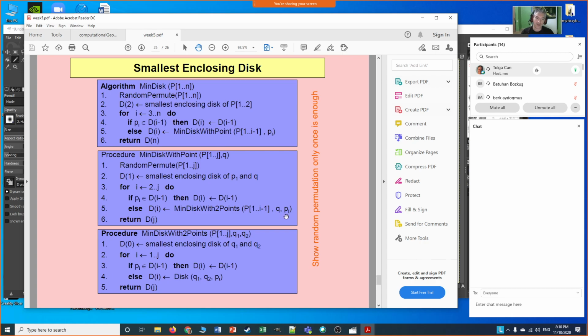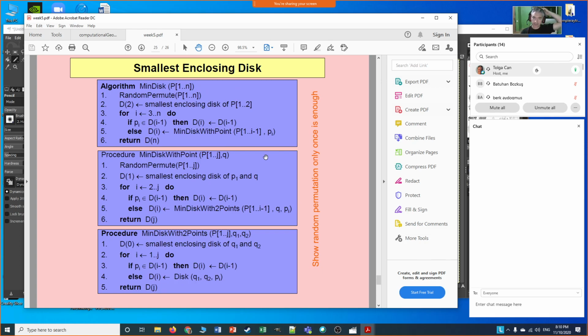So q and pi, both of them have to be on the disk, and therefore we call a function with 2 points. The good thing is that this is the last function we have, because if the new point is not in the disk, there is a unique disk that passes through q1, q2, and pi. All the algorithms look very similar to each other.